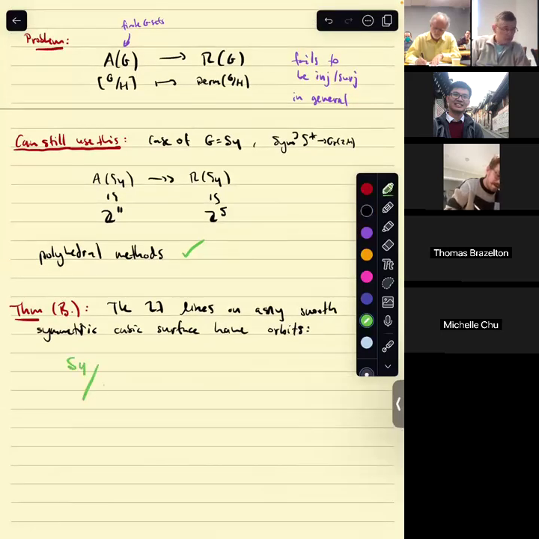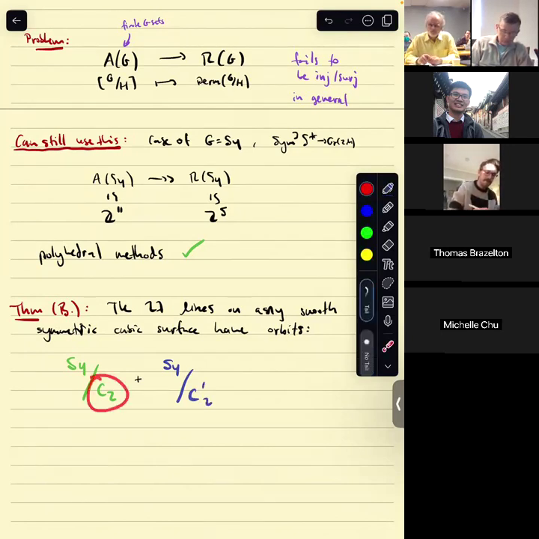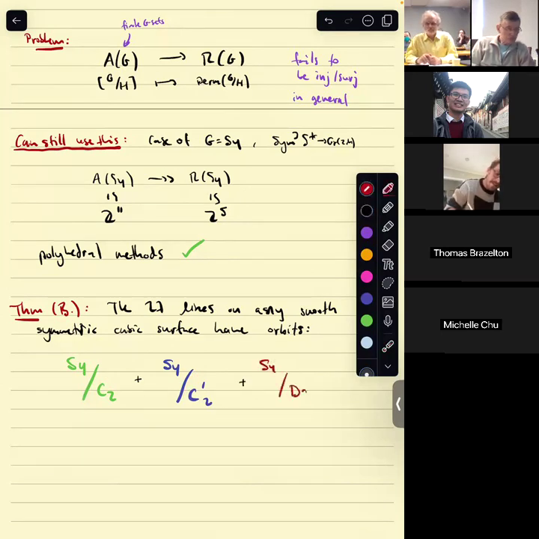I'm going to have a copy of S4 mod C2. I'm going to have another copy of S4 mod C2, but this is going to be a different copy of C2. There are two non-conjugate copies of C2 in S4: the one generated by one transposition and the one generated by the product of two disjoint transpositions. And then I've got an S4 mod D8. Okay, and so this is 12 lines here, this is another 12 lines, and this is 3 lines.